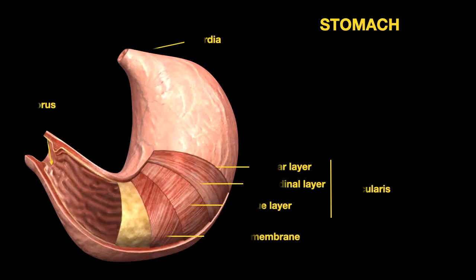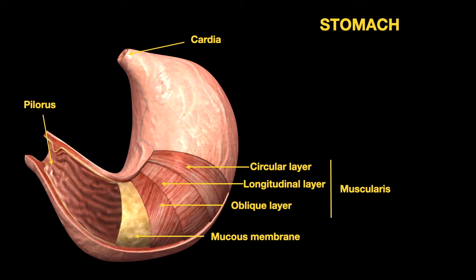Finally, food reaches the stomach, which is an expansion of the alimentary canal that lies immediately inferior to the esophagus and links the esophagus to the first part of the small intestine, the duodenum. There are different regions in the stomach, like the cardia and the pylorus.